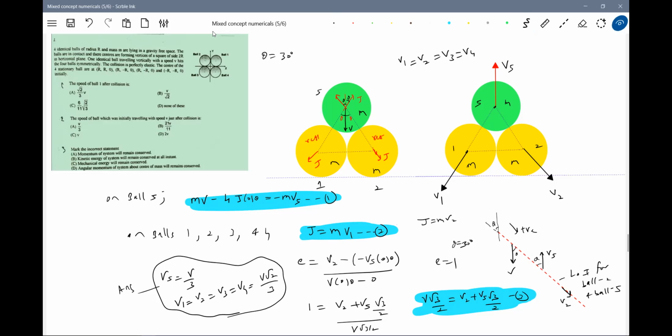Component of velocity along the line of impact. Along the line of impact is what you should measure velocities, no? Velocity of ball 5 along the line of impact. This LOI is called. What is LOI? Line of impact.